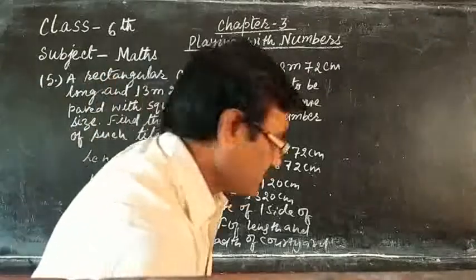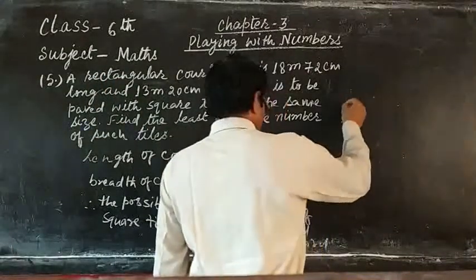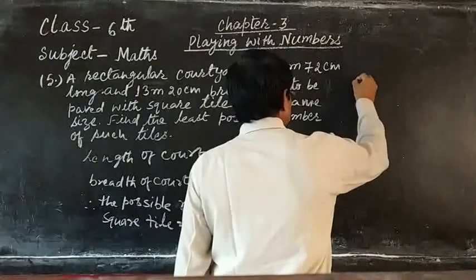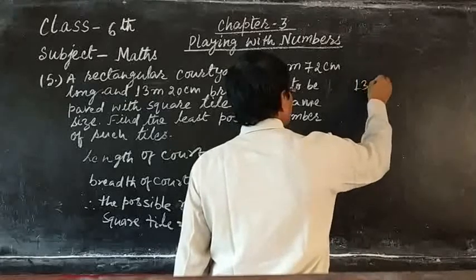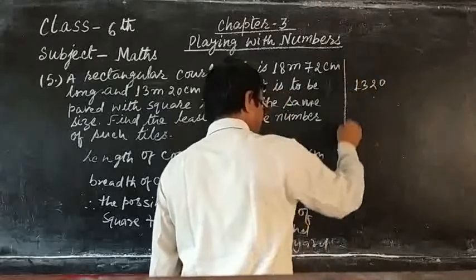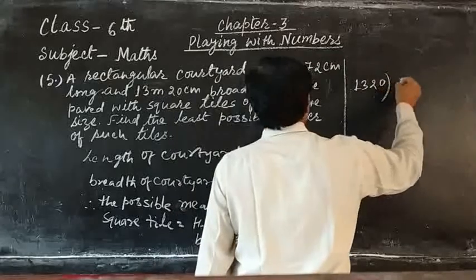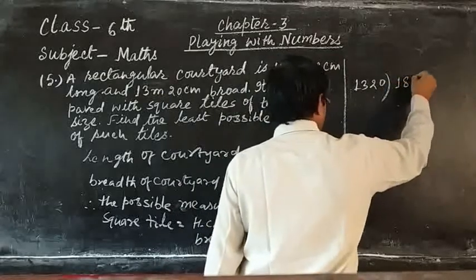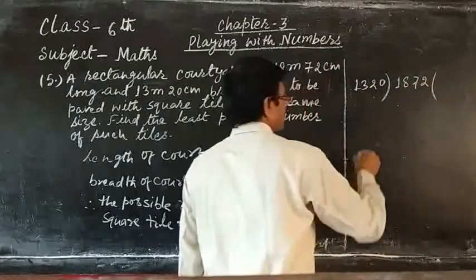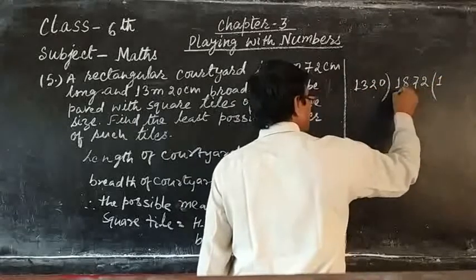Then we get 1320 divides 1872. In one time we divided, 1320.